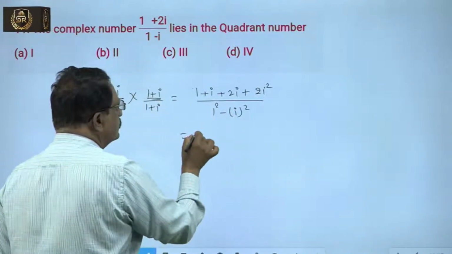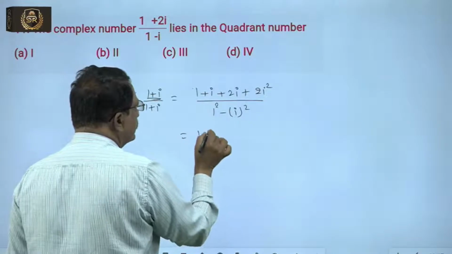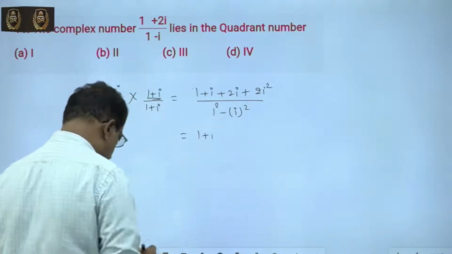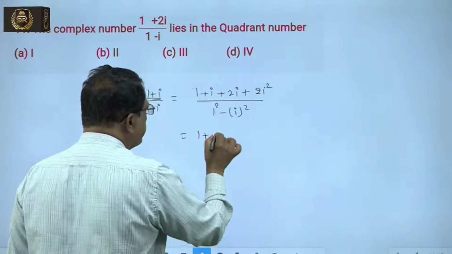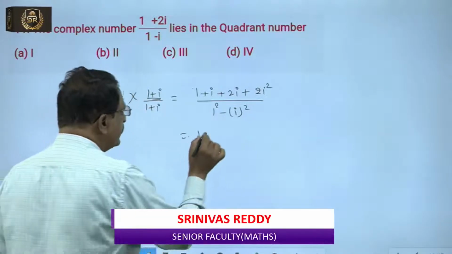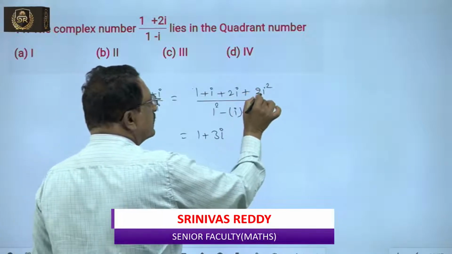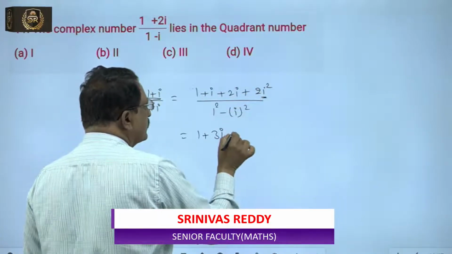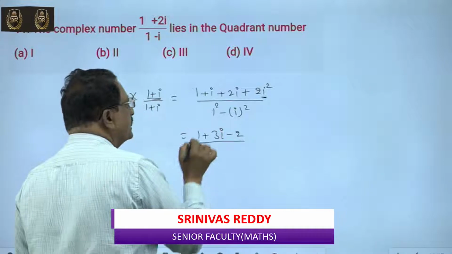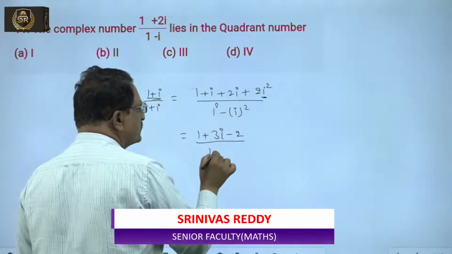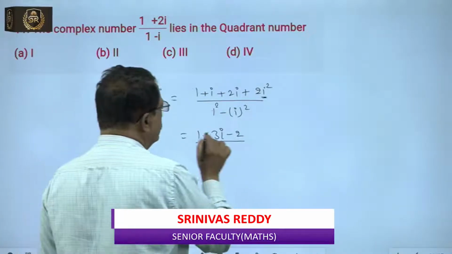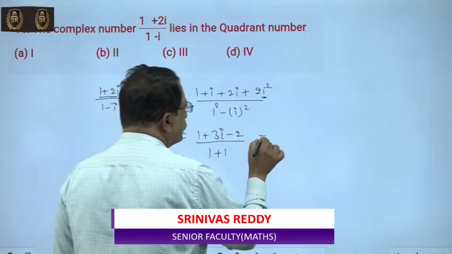That equals 1 plus I plus 2I, totally 3I, plus 2 into I square, value minus 1, that equals minus 2. In the denominator, 1 square is 1, I square equals minus 1, minus of minus is plus 1. Now 1 minus 2 equals minus 1.